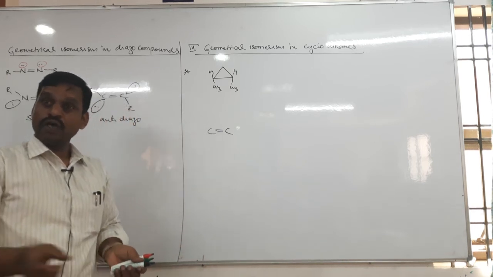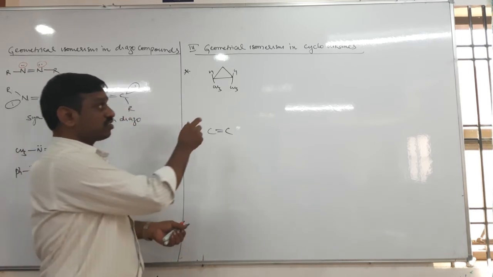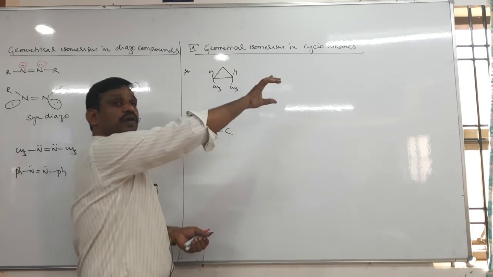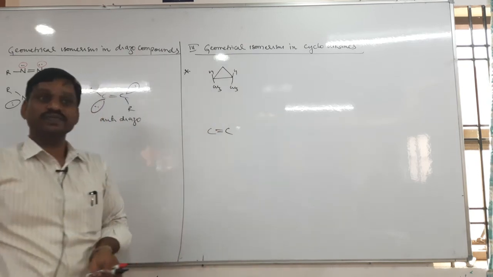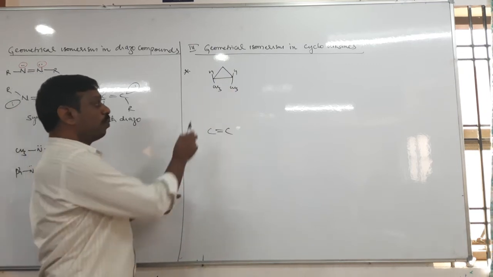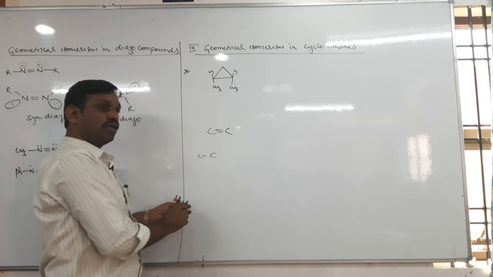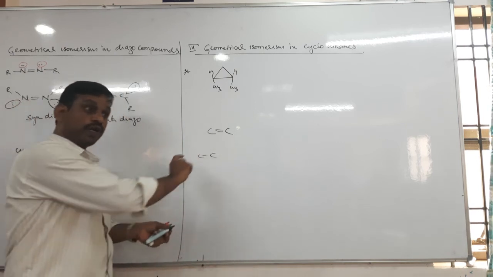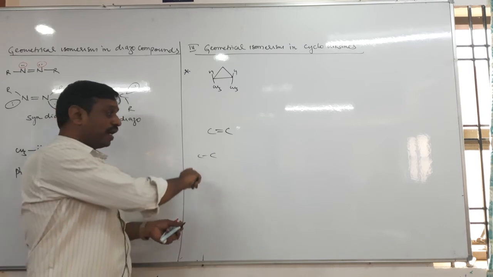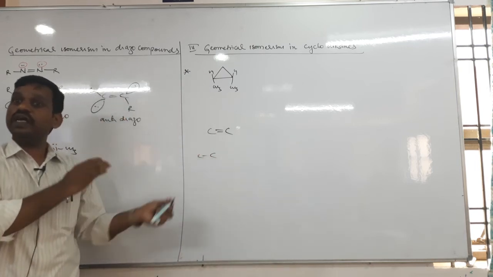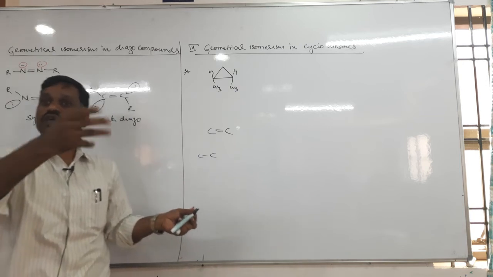That means here also the reason is the same. It is due to restricted rotation about the carbon-carbon single bond due to the cyclic ring. If there is no cyclic ring, if there is only an open chain like this, carbon-carbon single bond, then this bond can be rotated easily. It can be rotated 360 degrees. So due to rotation of 360 degrees, you will get an infinite number of isomers. Those isomers are called what?